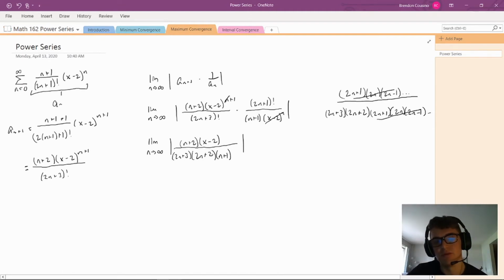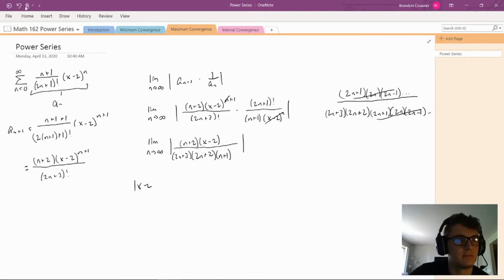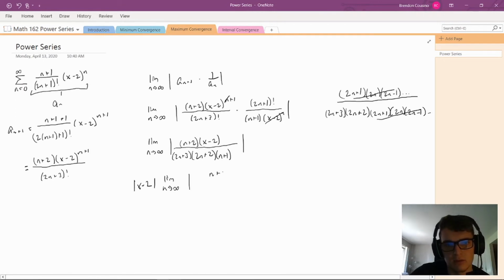Assuming we have some value of x, this would be just a constant, so we're pulling the constant out of the limit. So this is going to be the absolute value of x minus 2, times the limit as n approaches infinity of n plus 2 divided by 2n plus 3, 2n plus 2, and n plus 1.